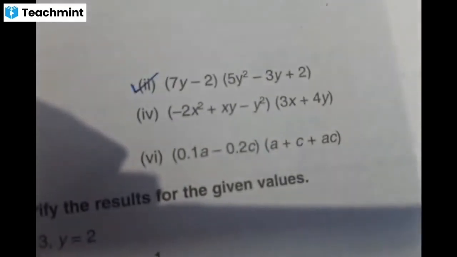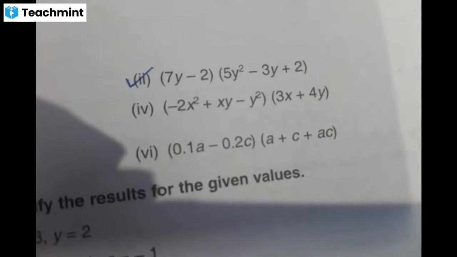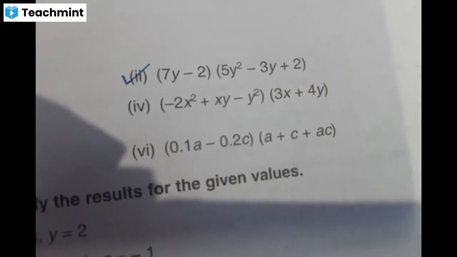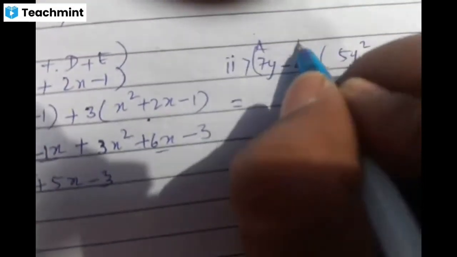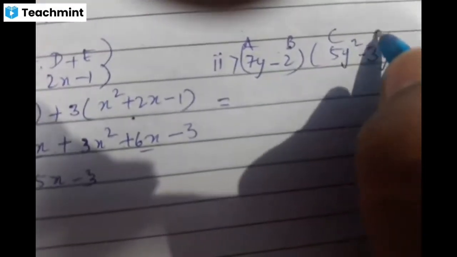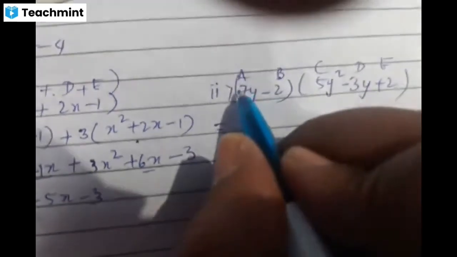One more question let me solve, children. That is 7y minus 2 into 5y square minus 3y plus 2. So how to multiply? This is A and B. This is C, D and E. A into the second bracket plus B into the second bracket.